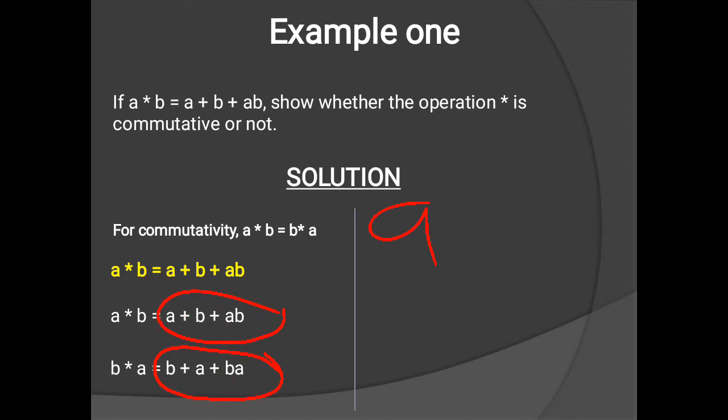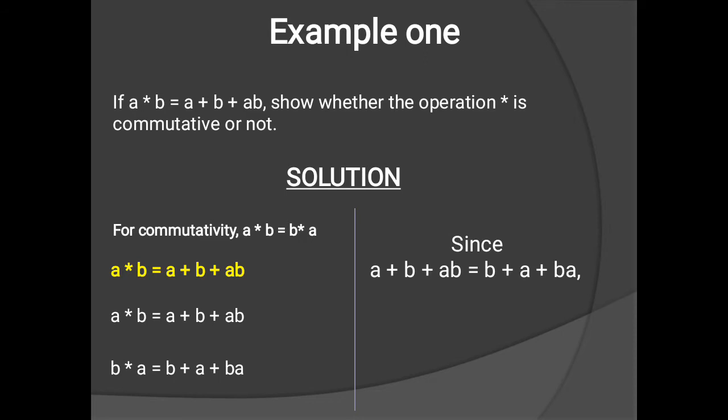So since A plus B plus AB is the same as B plus A plus BA, then we say that the operation is commutative. A plus B plus AB is what we had for A operation B, and it is equal to B plus A plus BA, which is what we had for B operation A. Then we are saying that A operation B is equal to B operation A, which makes it commutative.